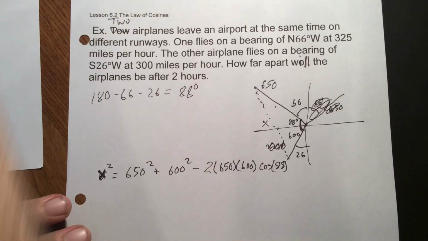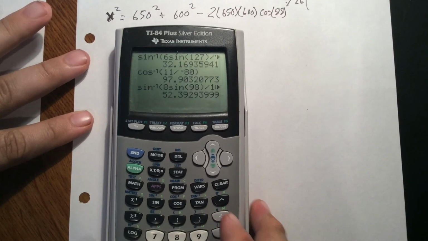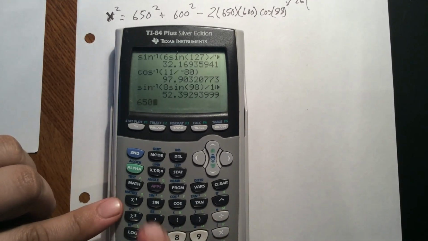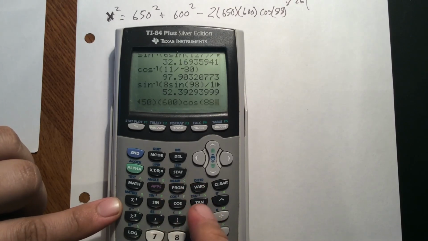So I'm going to put this all in my calculator since these are big numbers. So 650 squared plus 600 squared minus 2 times 650 times 600 cosine 88.